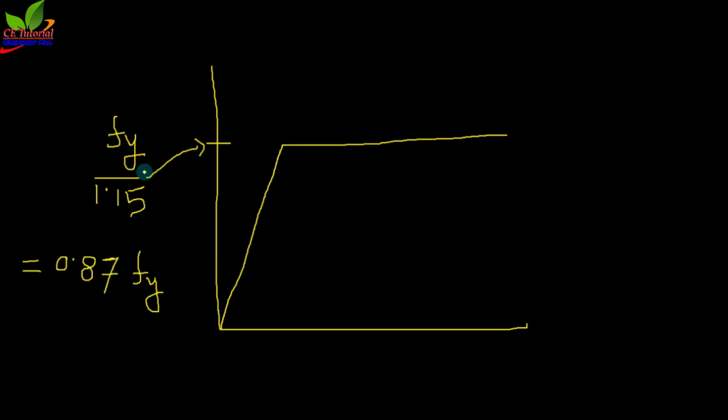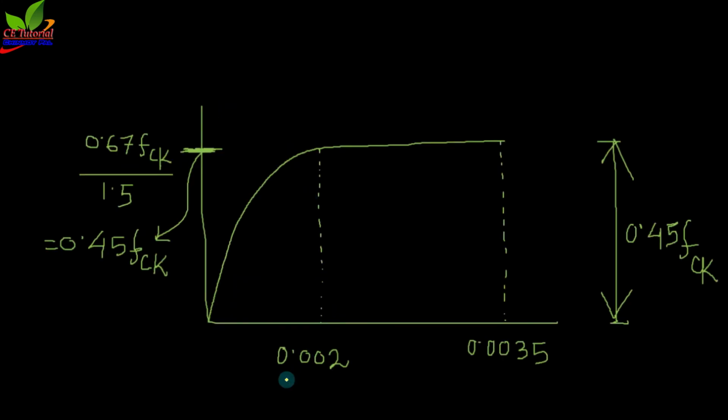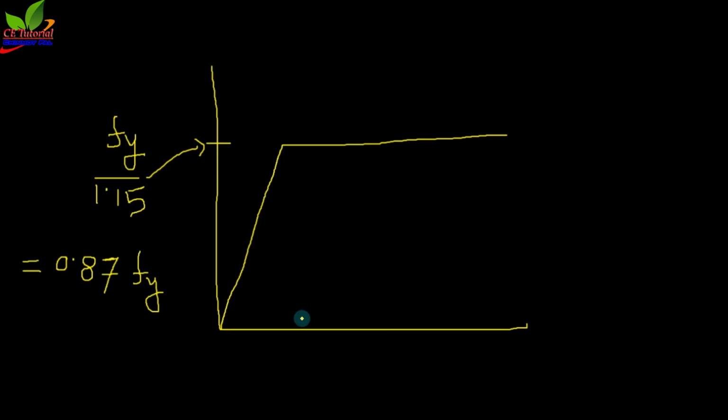Now for concrete, you see that there are two strain values, 0.002 and 0.0035. Now what should be the value of strain for steel? What should be the value of strain for steel?